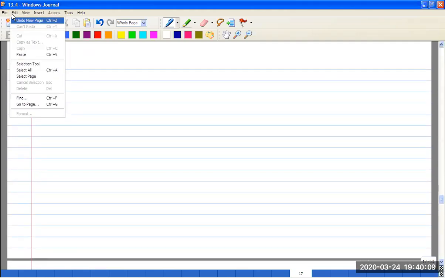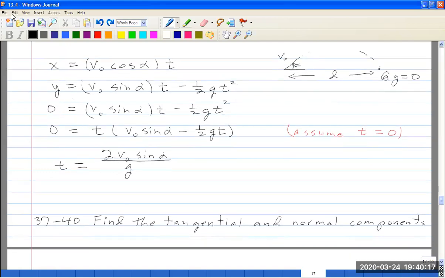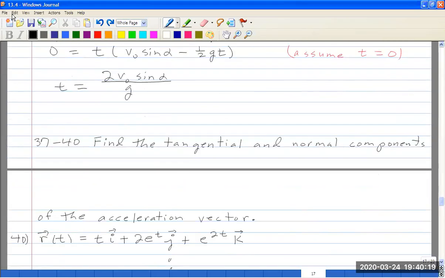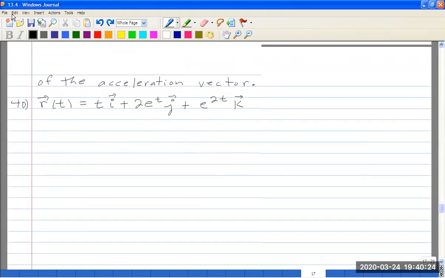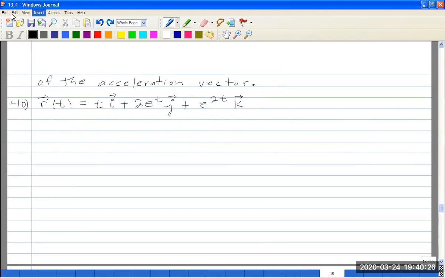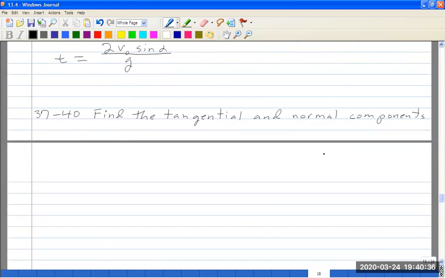New page. I want the page here. Okay, come on. And let me get back my, okay, good.